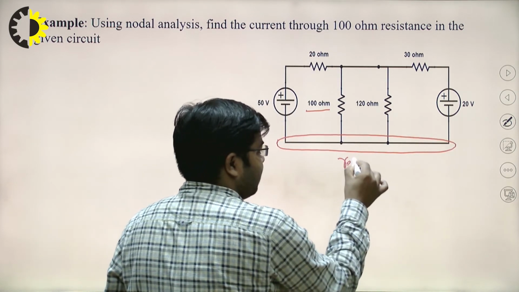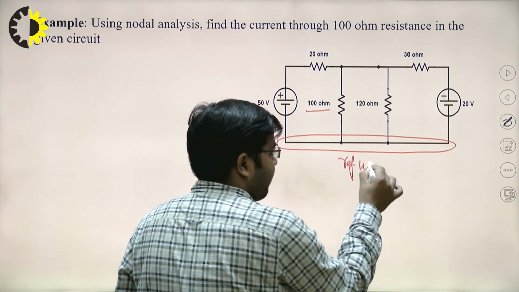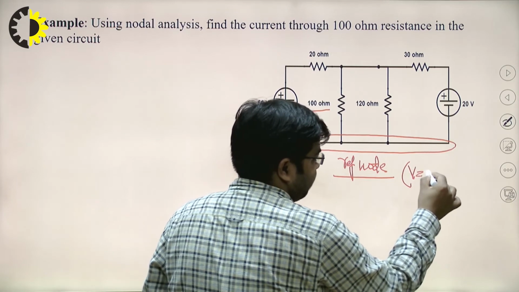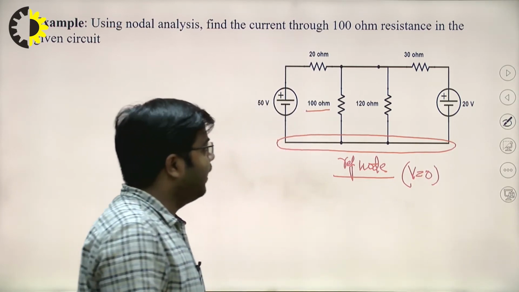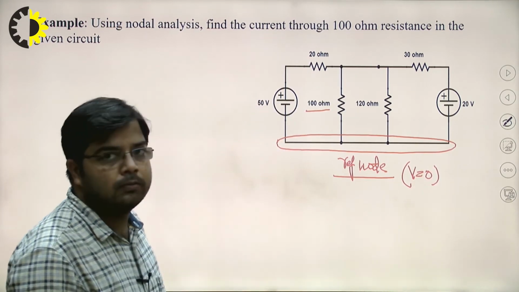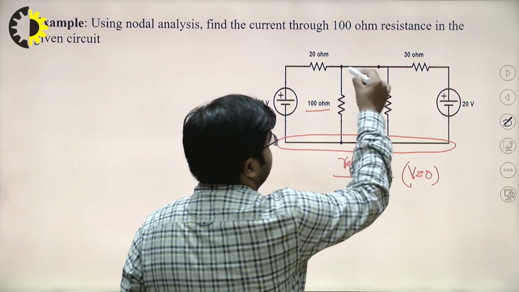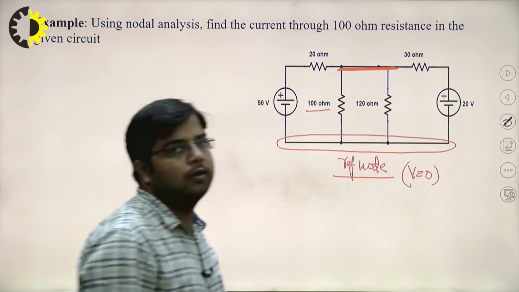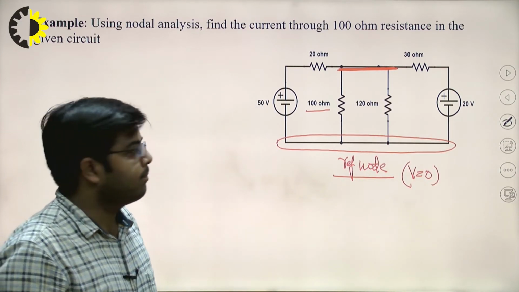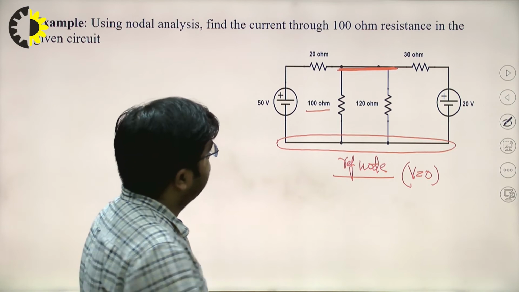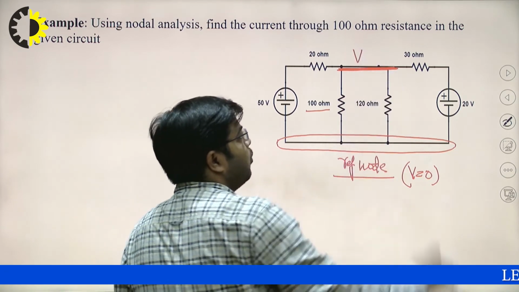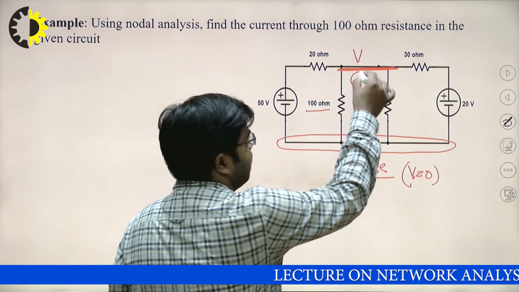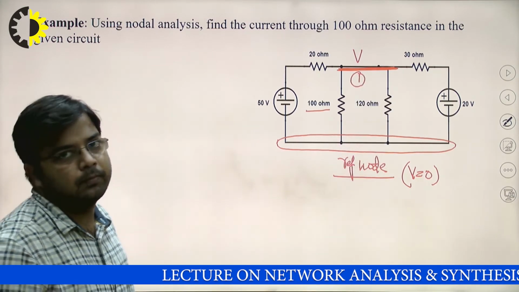At reference node, the voltage will be 0, and non-reference node, this one. There is only one non-reference node. Suppose this is the voltage V at this node, and you can write this is the node number 1.